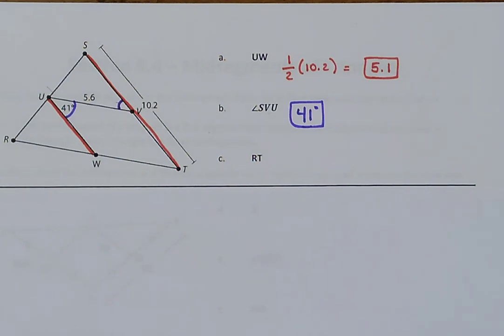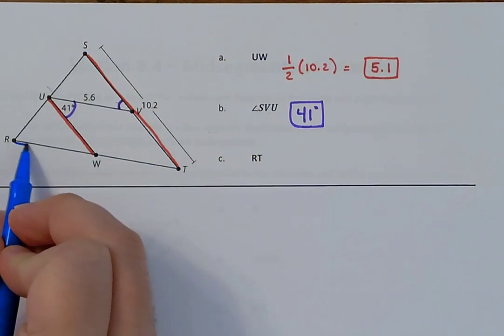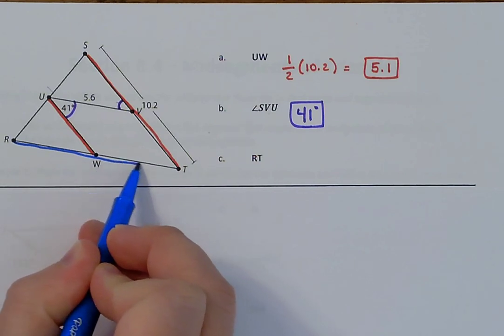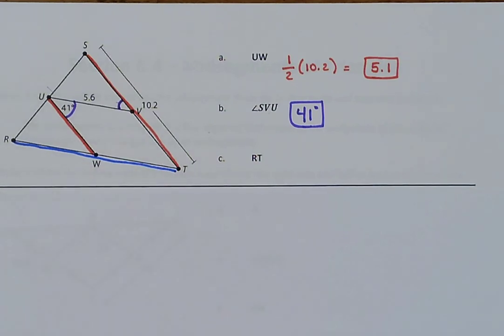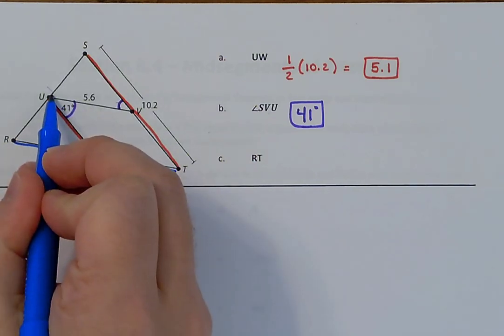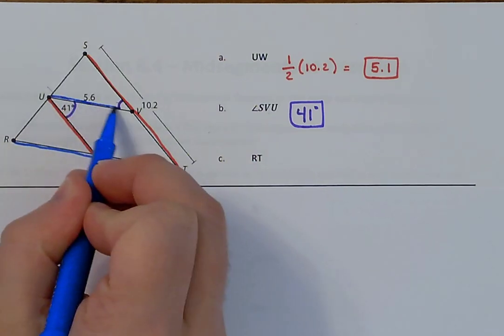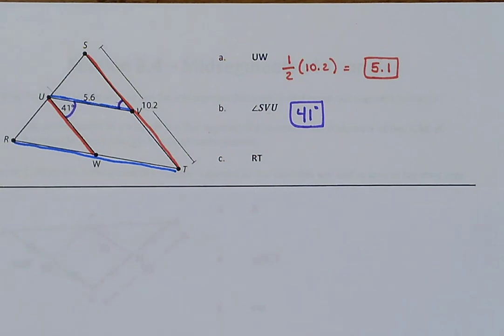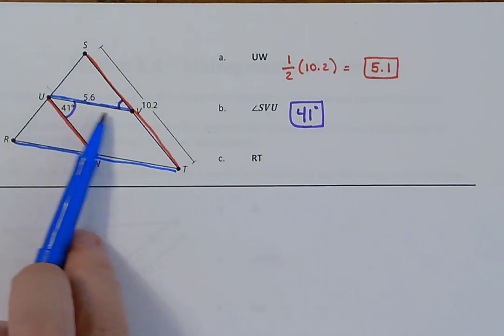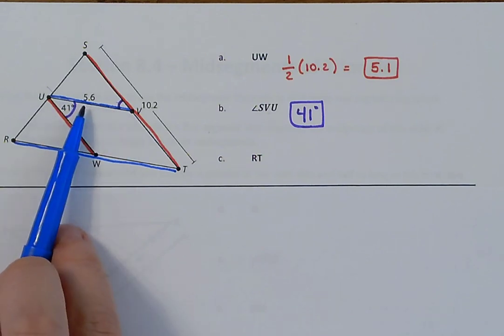All right, next for part C, they want me to find the length of RT. So RT is going to be this whole side right here. And RT is going to be parallel to UV, so this length right here. They tell me that UV is 5.6.